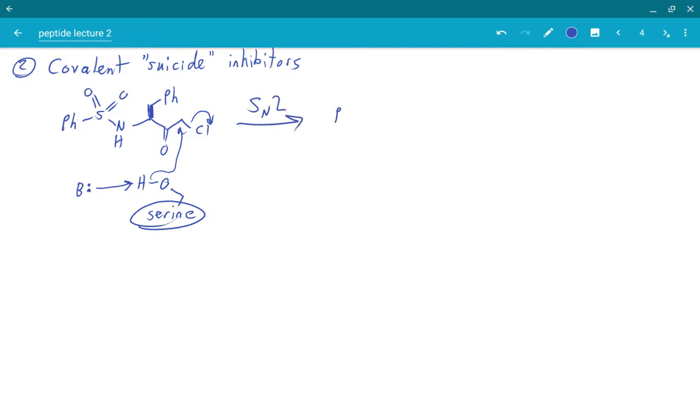And you can appreciate that if this molecule does an SN2, we'll make something that looks like this. And at this point, the enzyme is stuck.